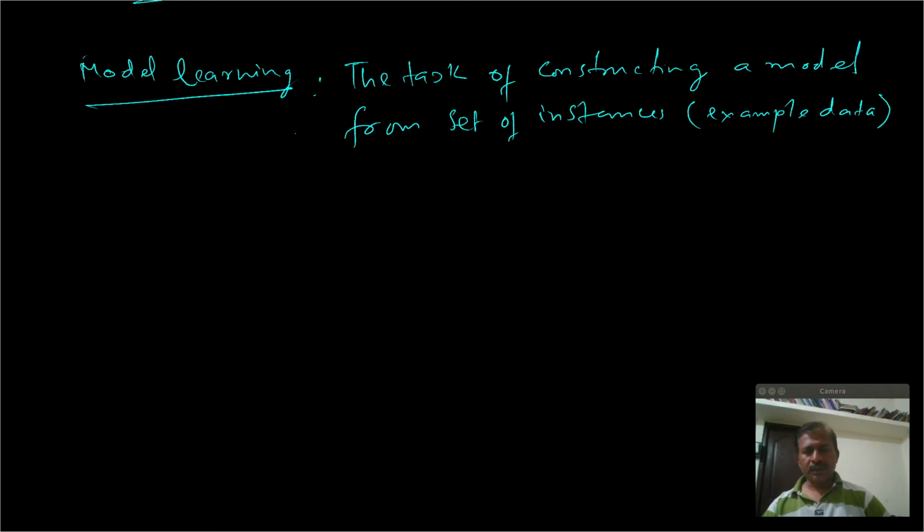So this is model learning, right? You are constructing a model with parameters associated with it from a set of instances. In a machine learning context, we call this training data, right? You have training data. From the training data, you learn a model, right? The learned model will have a particular kind of functional form or shape with a set of parameters associated with it, right?